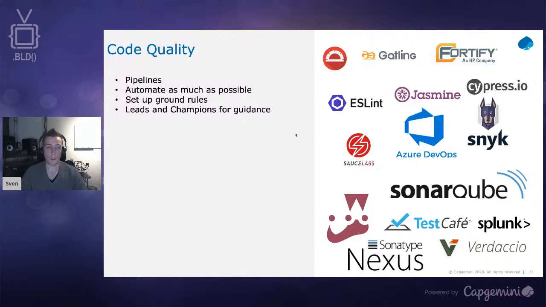Also, a lot of enterprise companies have private NPM repositories like Verdaccio, Nexus, or Azure Artifacts.